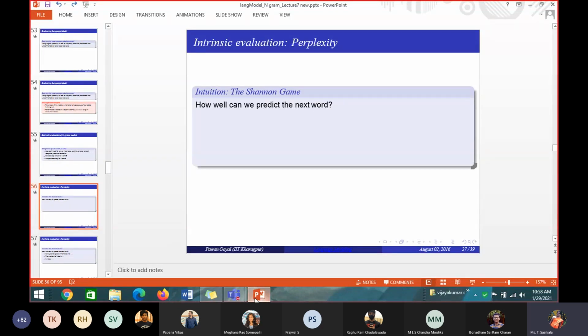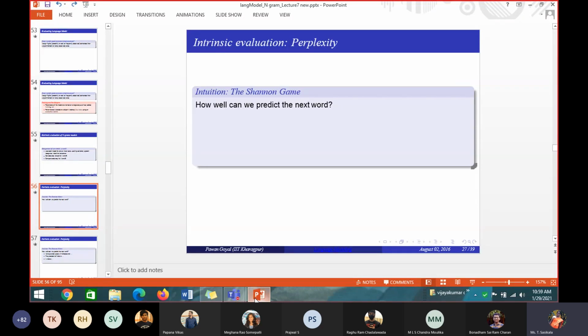A-P-P is given, so based on the previous characters the next character can be L. Once L is predicted, I predict the next character based on A-P-P-L. Like that I can complete the word, or given a sentence, I can predict the next word and complete the sentence. So the Shannon game is how well you can predict the next word given the context.